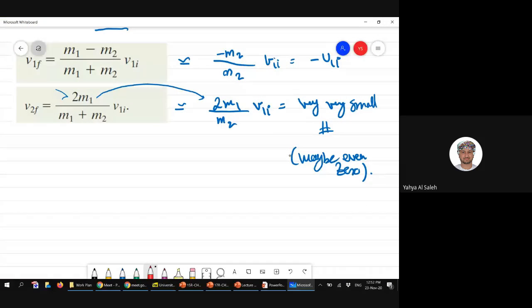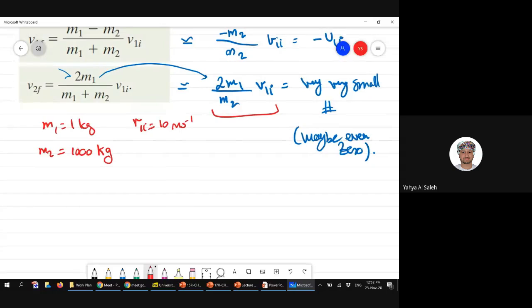Okay, you end up with 2M1 over M2 V1I. Let's take an example with numericals to make it clearer. Say M1 is 1 kg. M2 is equal to 1000 kg. V1I is equal to 10 meters per second, which is quite a fast ball.